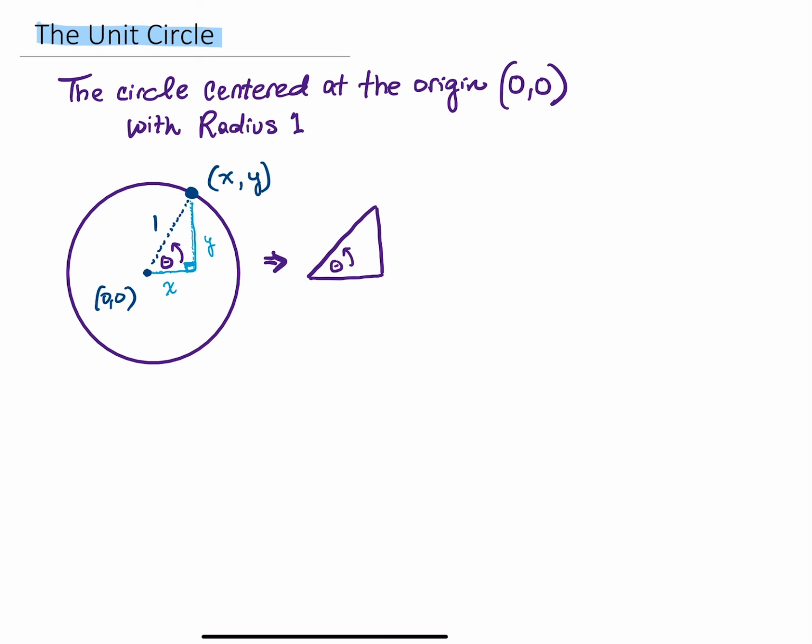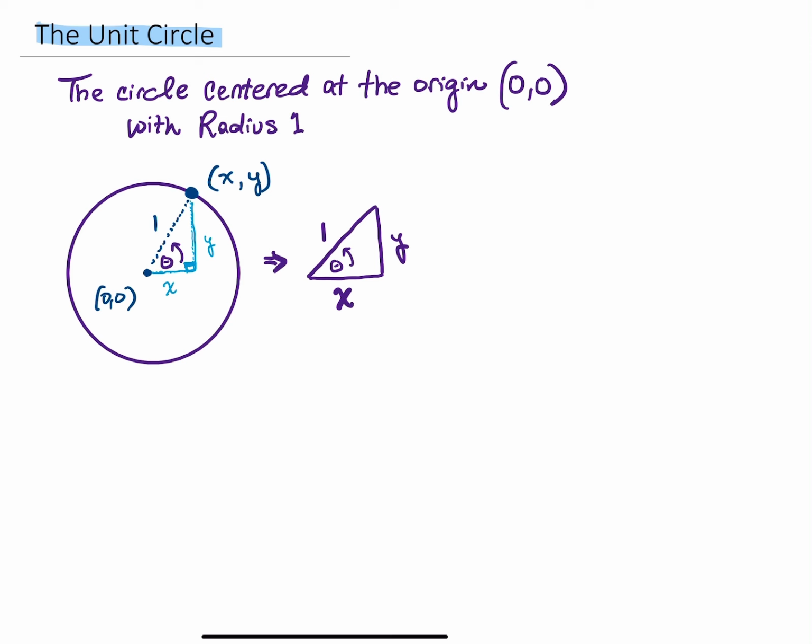So we can associate any angle with some point on the unit circle. That will be useful as well. So we said that this triangle has a side length on the bottom of x. This is a side length of y, and the hypotenuse is 1.